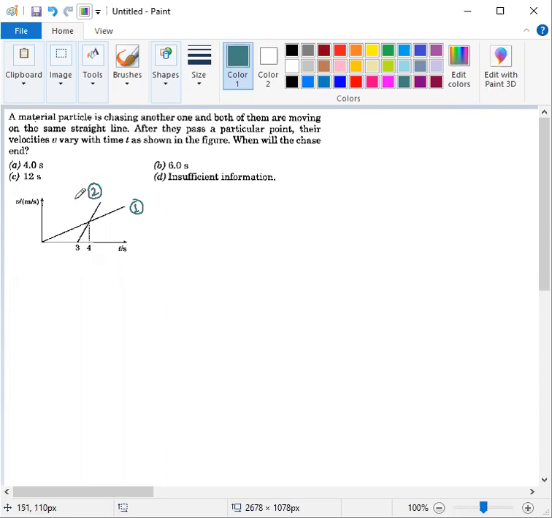Now, for solving this question, we have to use some important concept. The concept behind this question is, first of all, we have to compare the slopes of the paths.